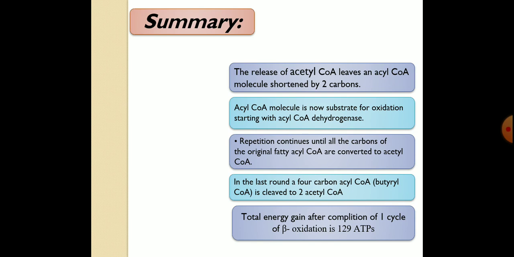Repetition continues until all the carbon of original fatty acid is converted into acetyl coenzyme A. In the last round, a 4 carbon acyl coenzyme A, that is butyryl coenzyme A, is cleaved to 2 molecules of acetyl coenzyme A, and total energy gain after completion of beta oxidation is 129 ATPs.